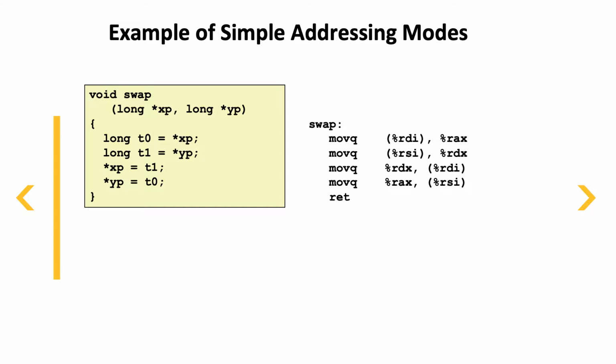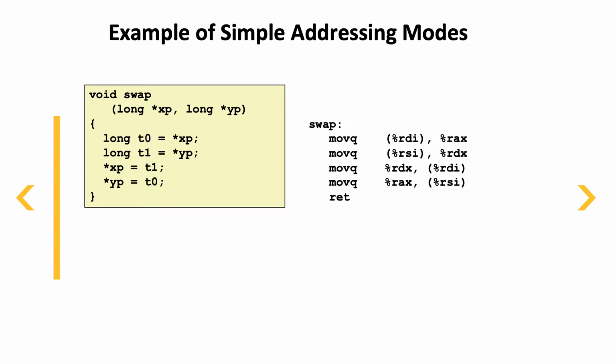So we're going to move what's in memory at location RDI into RAX. We'll take what's at the memory location specified by RSI, because that's our second parameter, YP, and move that to RDX. Then we'll move what we just put into RDX out to the location specified in RDI, which is, remember, XP. And then what's in RAX goes out to the location in YP.